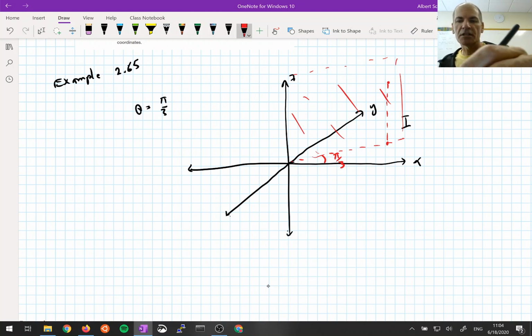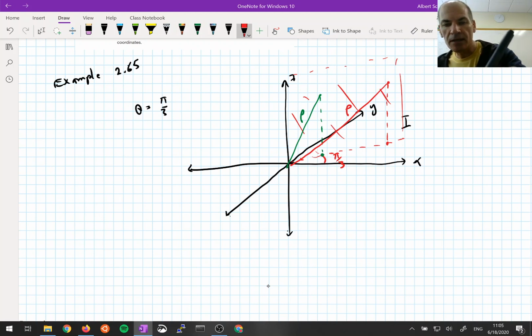The distance from the origin can be anything. And honestly, phi can be anything. As long as I'm on this surface and I'm above this ray making an angle pi over 3, rho can be anything. This is rho. This is rho. And notice also, phi can be anything, because there's no specification about phi.